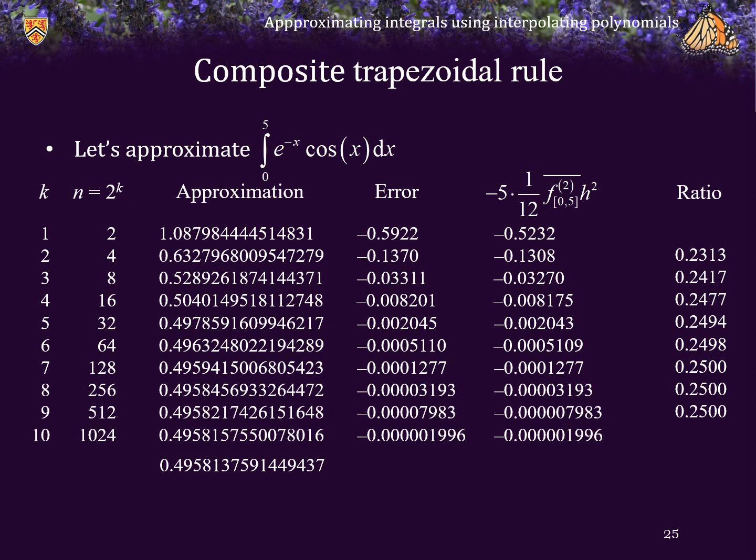Okay, and so with 1,000 subintervals, you'll notice that the error is approximately the same as the error was for the Riemann sum with 1,000,000 subintervals.